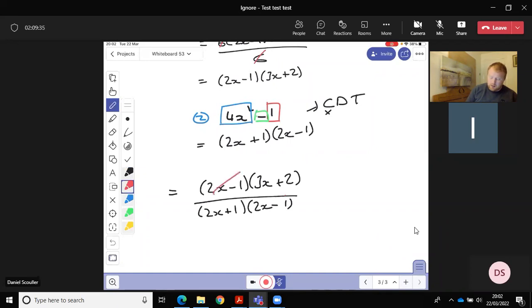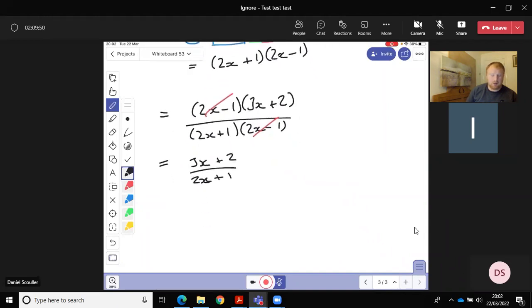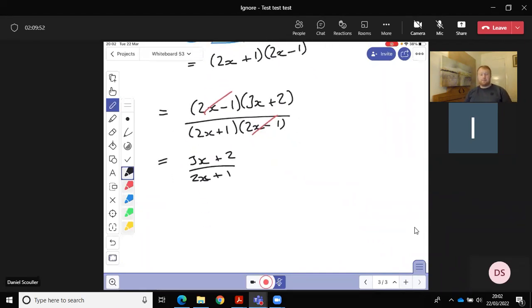That means that cancels out, since we've got the same bracket on the top and the bottom. It gives us 3x plus 2 at the top, 2x plus 1 at the bottom, and that doesn't cancel any further. So a lot going on there.